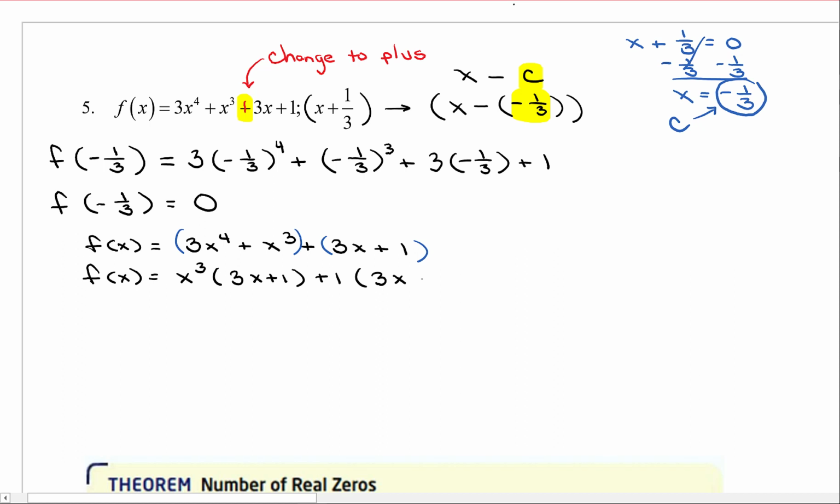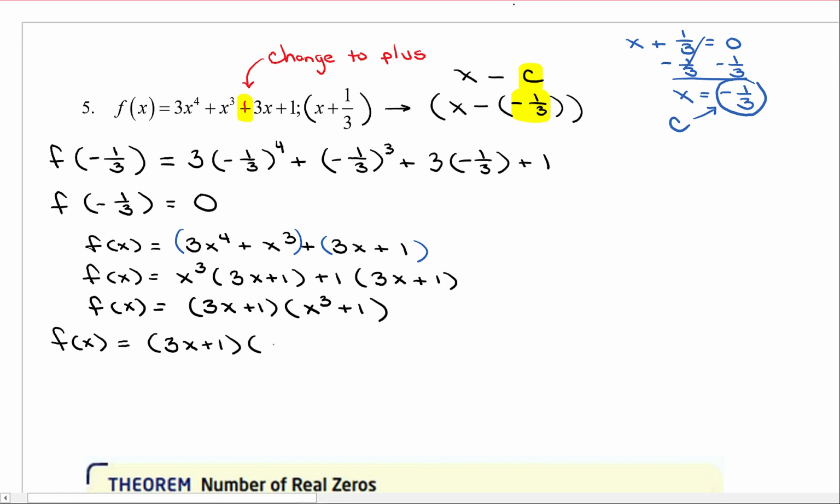I could have done some synthetic division to make this look a little easier, but I think it's easier if we just do factoring by grouping to factor this function out, just because of that negative 1/3. Now this isn't always going to happen, where it's going to be factorable like this one, but sometimes it is. It's good to look ahead and say, hey, is there an easier thing I could do instead of having to divide this out?